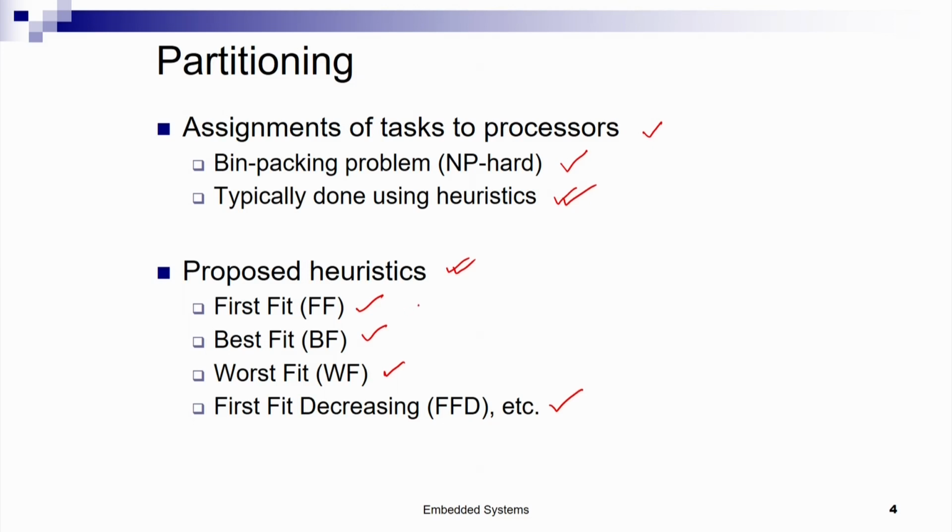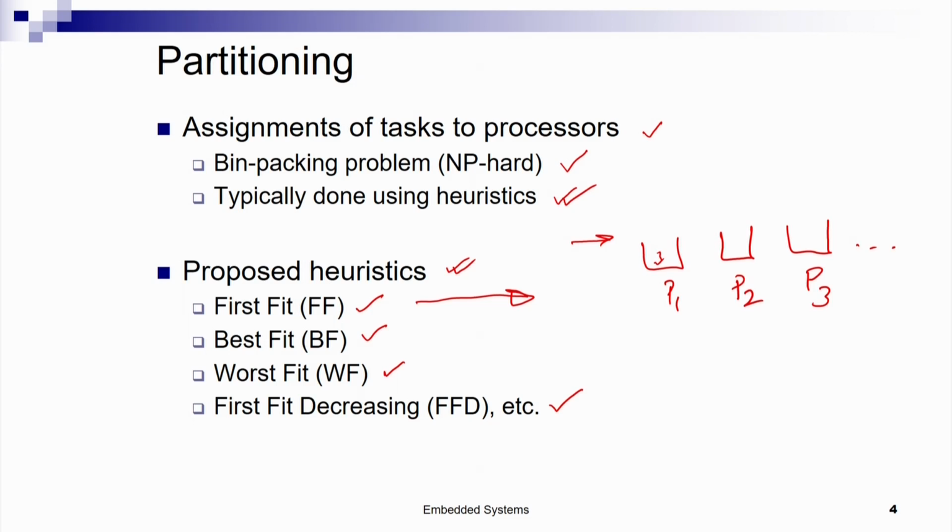In the first fit, what you do is, suppose you are given a set of processors, you name the processors, say P1, P2, P3 likewise, and you start assigning tasks. So, you have a set of tasks, you start assigning tasks from P1, P2, P3, and what you do is, you take the next task and put it in the first processor which has enough capacity to hold it, hence first fit.